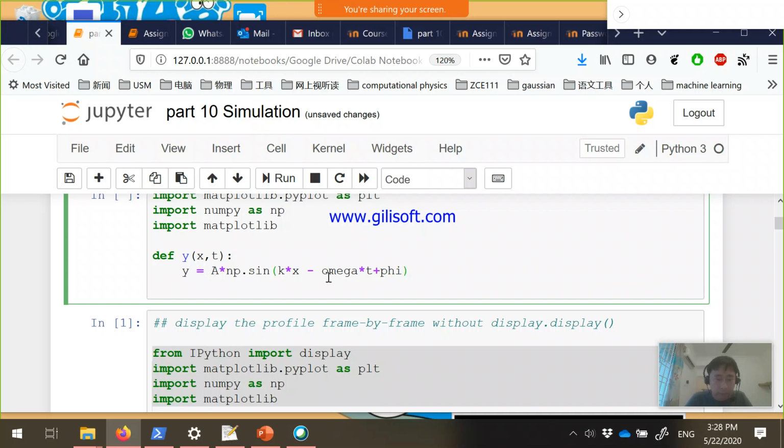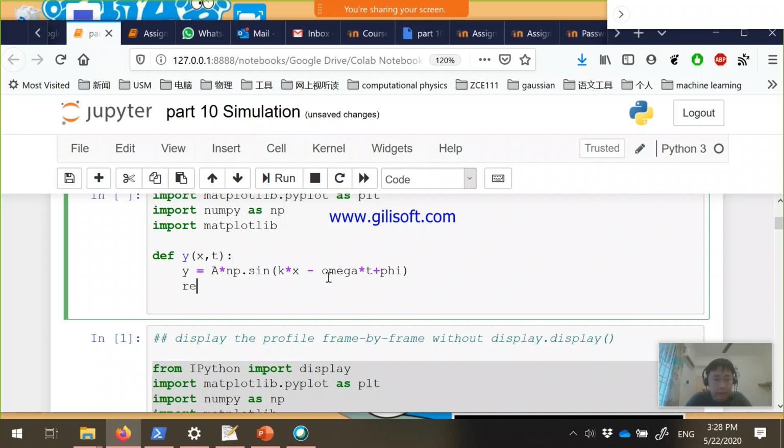This is the formula for the phase, for the y. Then you return y. This is how you define it.